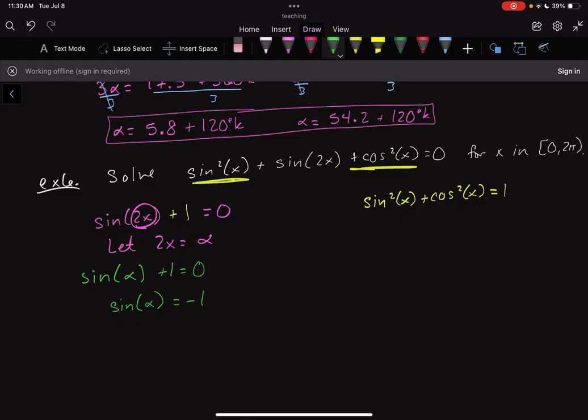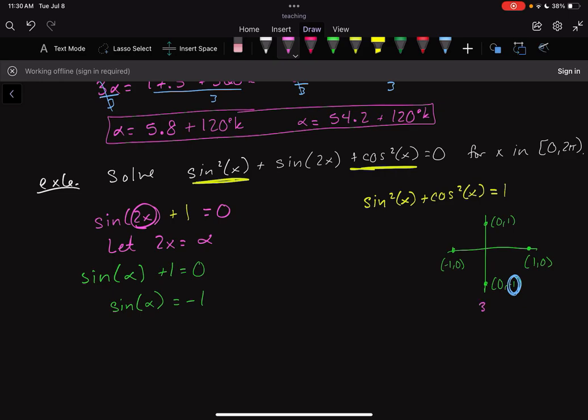Now -1 doesn't appear on our table, however it does appear with the quadrantal angles. Remember that sine corresponds to the y coordinate, so it's happening down here, which would be at 3 pi over 2.